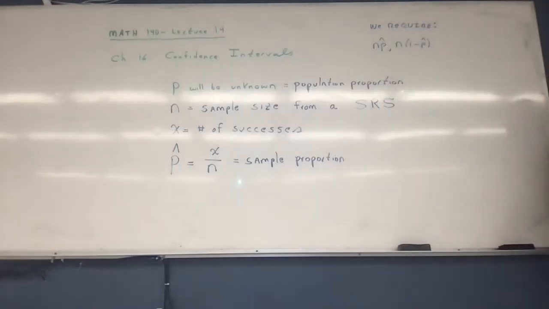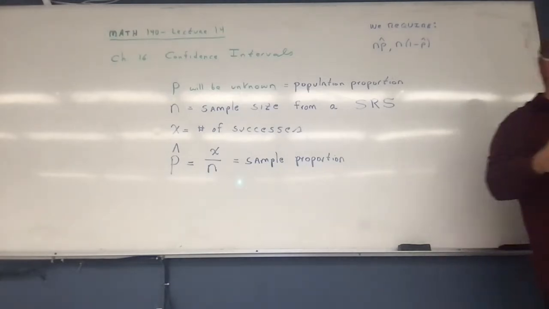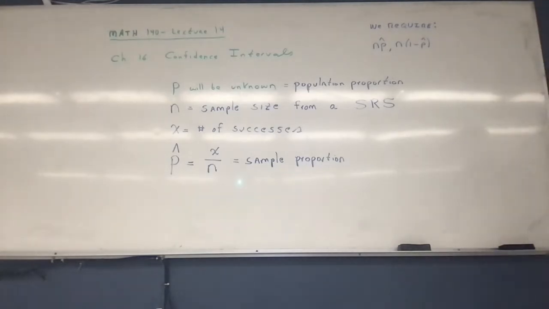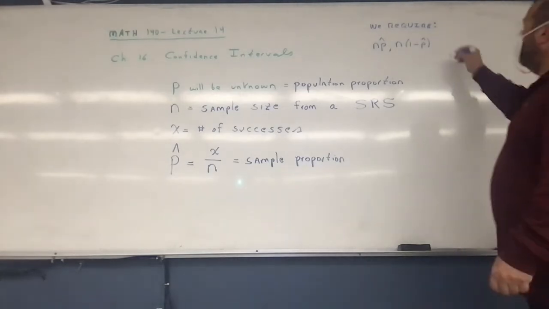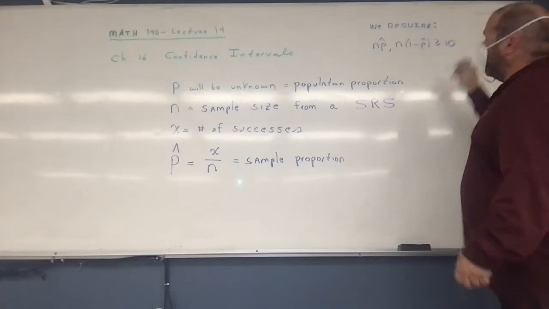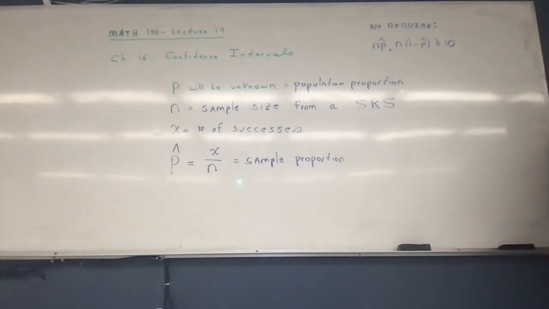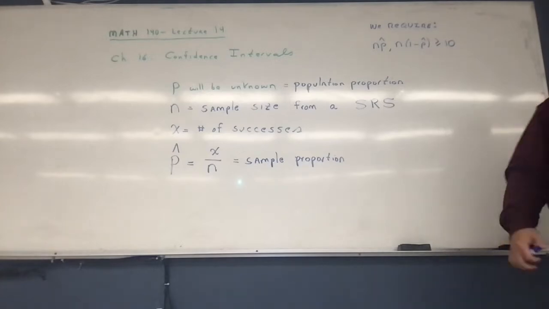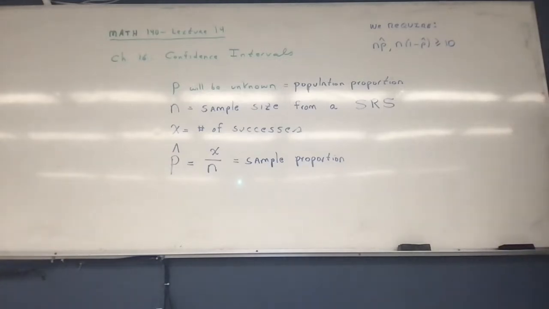Anyone recall the technical condition we had last chapter as well? N p hat and n times 1 minus p hat must both be greater than or equal to 10. Now, what is n p hat, by the way? What's another word or a few words for n p hat? Mathematically, n p hat is what?